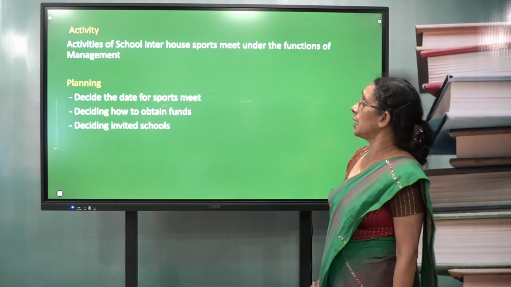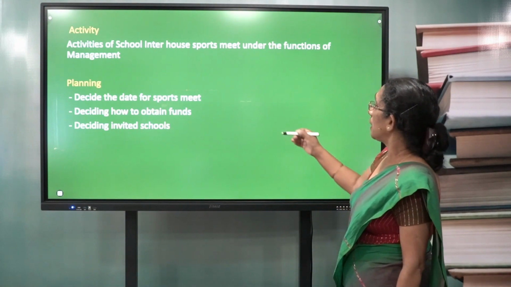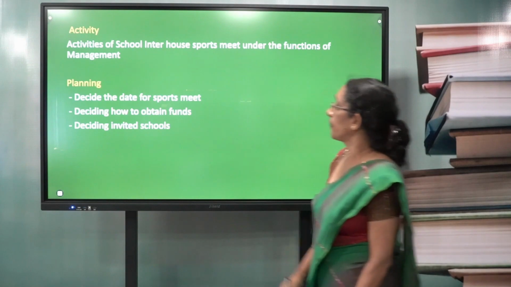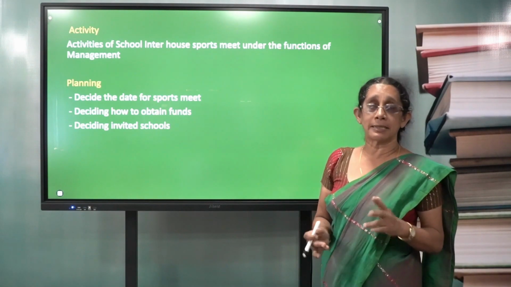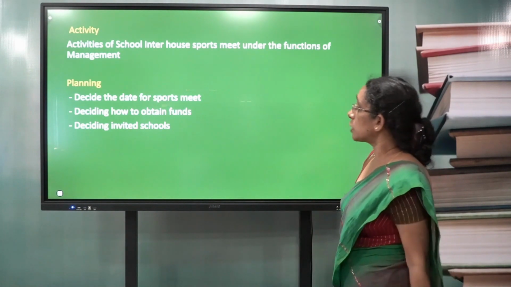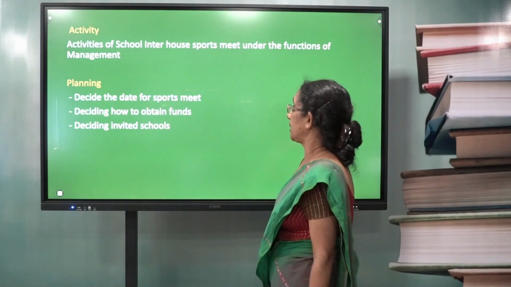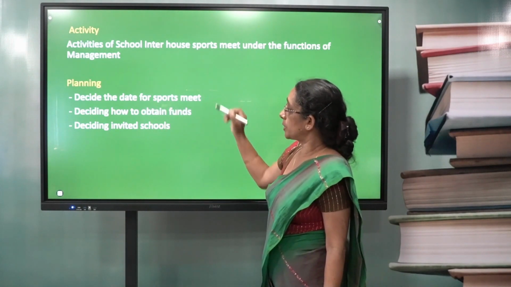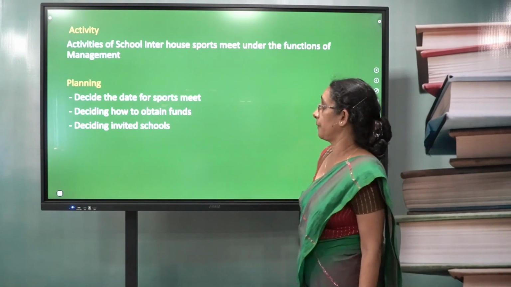Now let's see what are the activities that you have to decide under planning. Planning means deciding objectives of a business and deciding how to achieve those objectives. First you have to decide the date for the sports meet. That is the objective, that the sports meet is going to be held on this day.